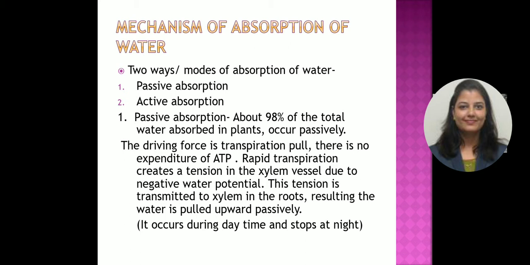Rapid transpiration creates a tension in the xylem vessels due to negative water potential. This tension is transmitted to the xylem in the roots, resulting in water being pulled upward passively. And most importantly, passive absorption occurs only during the daytime and stops at night.